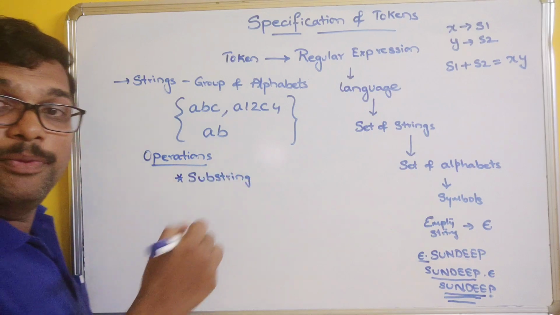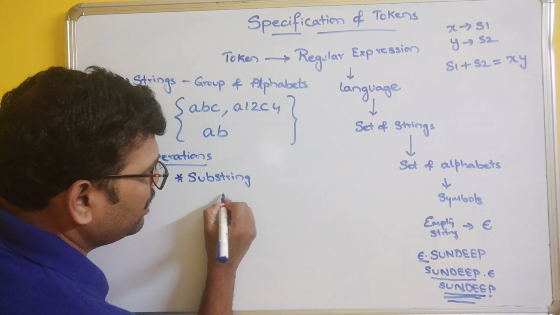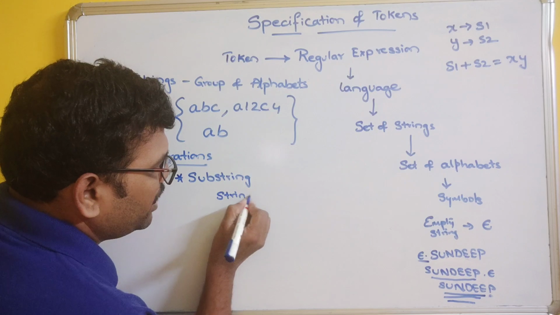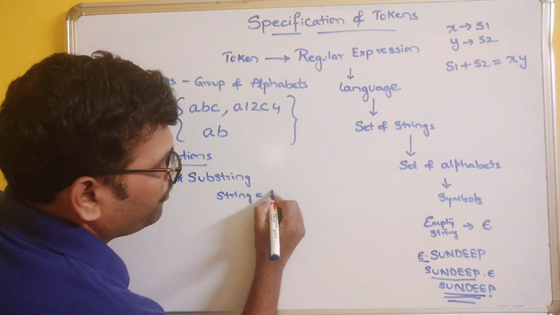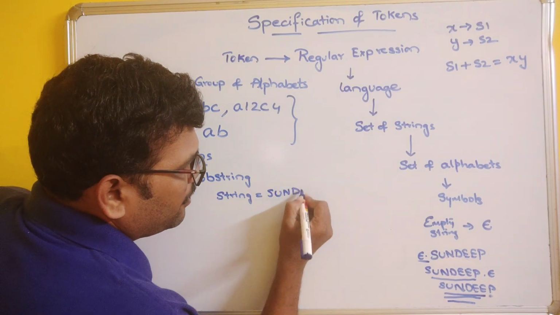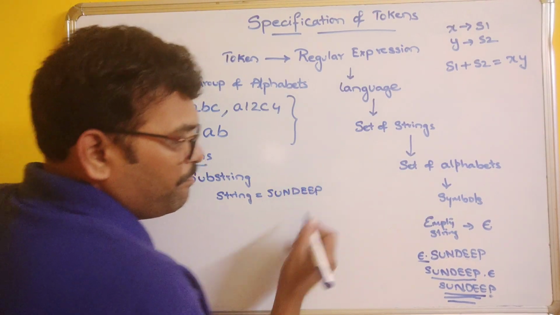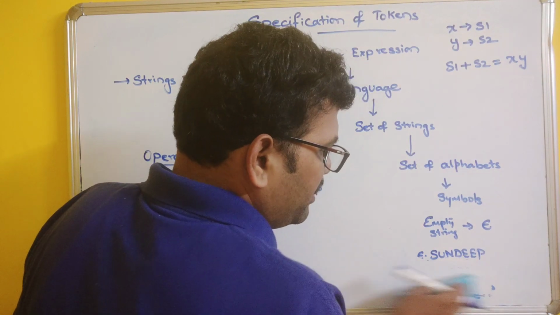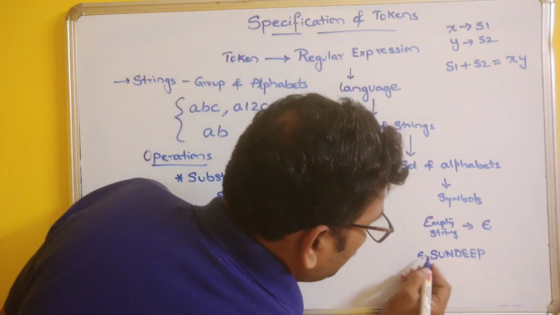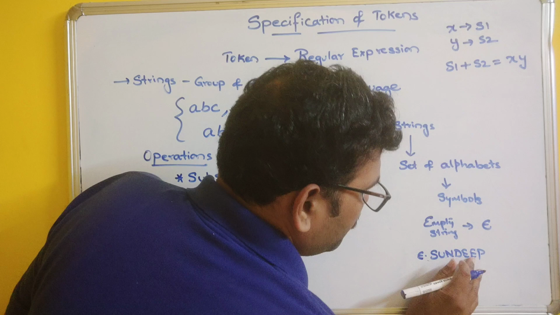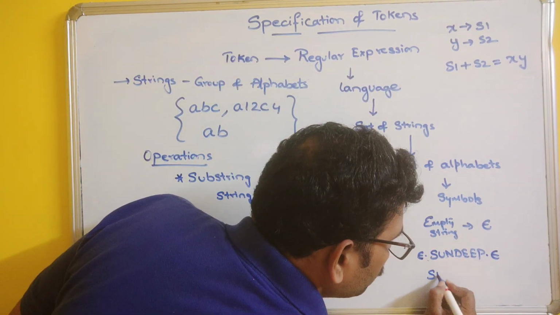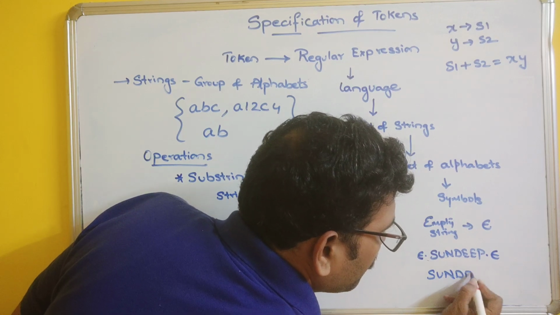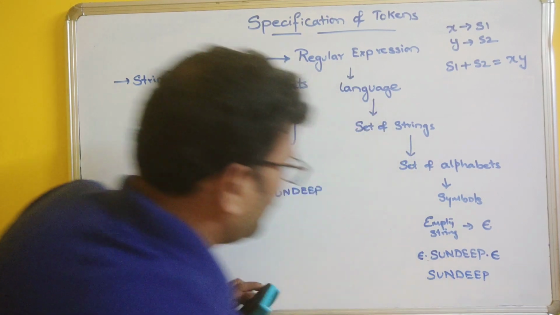So how will the substring be calculated? Again, the string is the same thing: consider epsilon into Sundeep dot epsilon. You can write it, no issue, right?